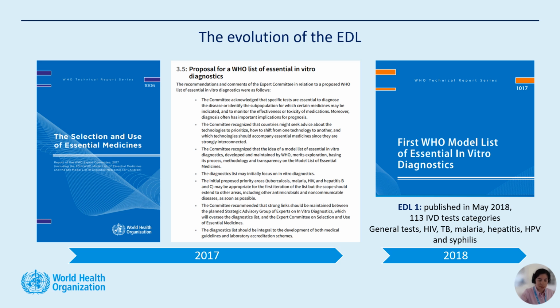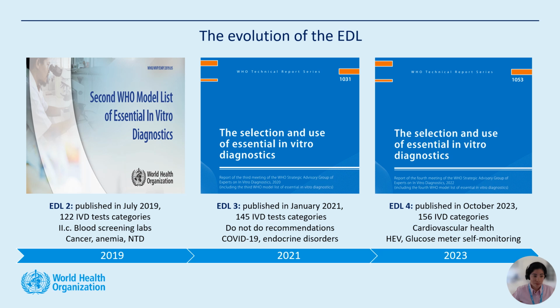And this happened in 2017. Then the next year, 2018, the first WHO EDL was published, and it listed 113 IVD categories, mainly for infectious diseases.